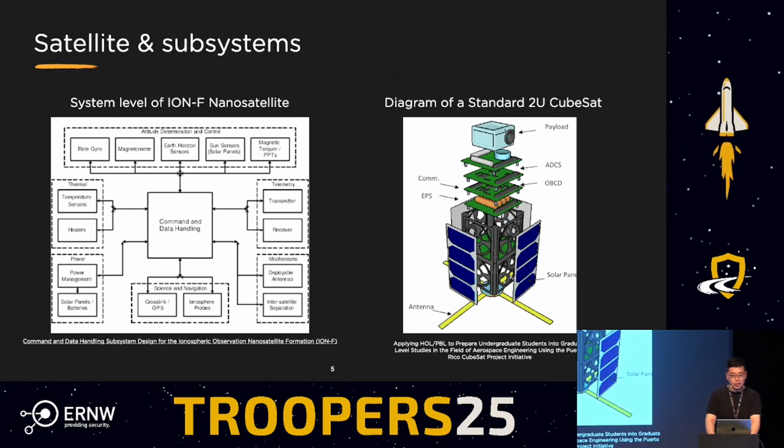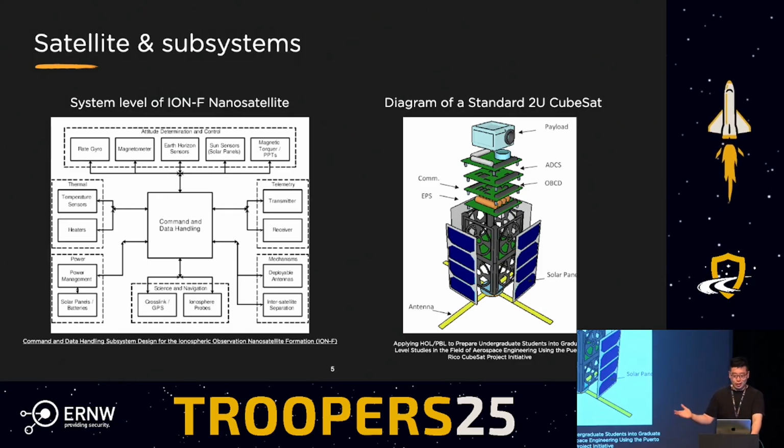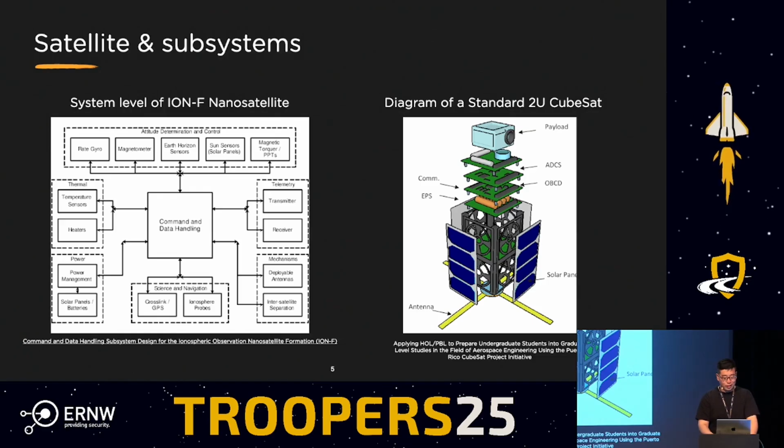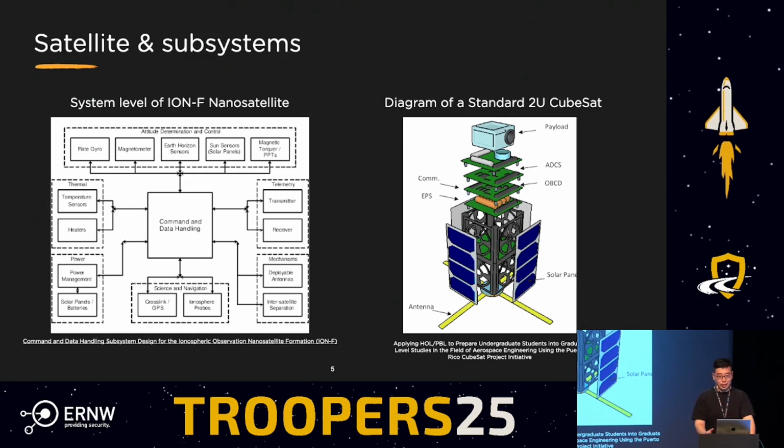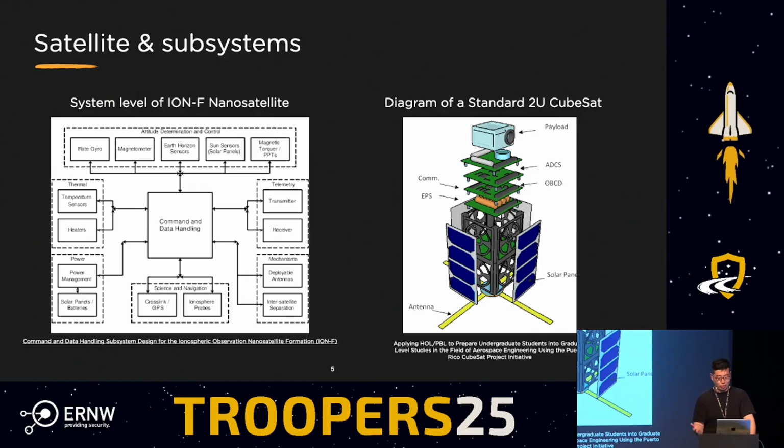And in case you are not familiar with the satellite itself and its internal systems, this is the internal system. On your left-hand side, it's a centralized system with all kinds of subsystems that are necessary to operate normally in space, for example, thermal control, electric supply systems, attitude control system and so on.